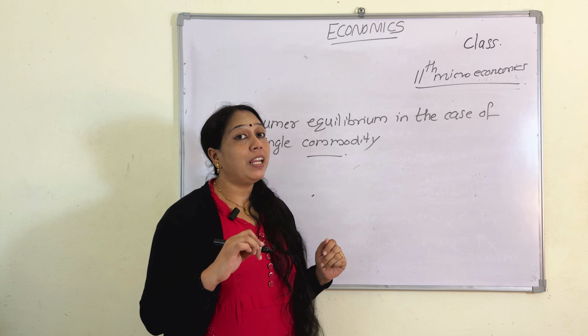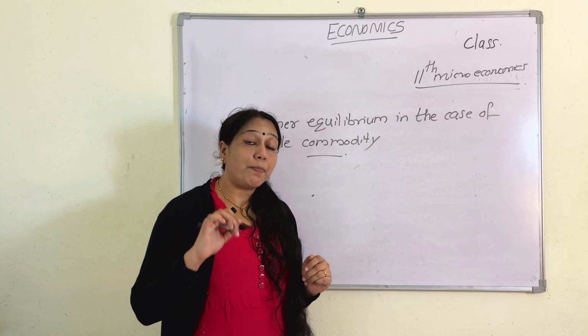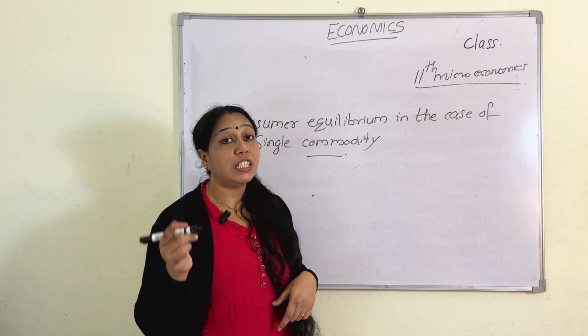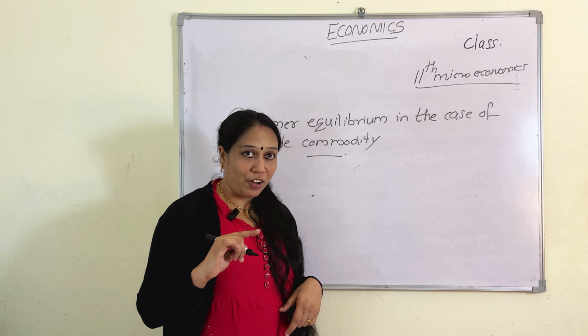It means the consumer is in equilibrium when he gets maximum satisfaction from the consumption of a single commodity based on his level of income.